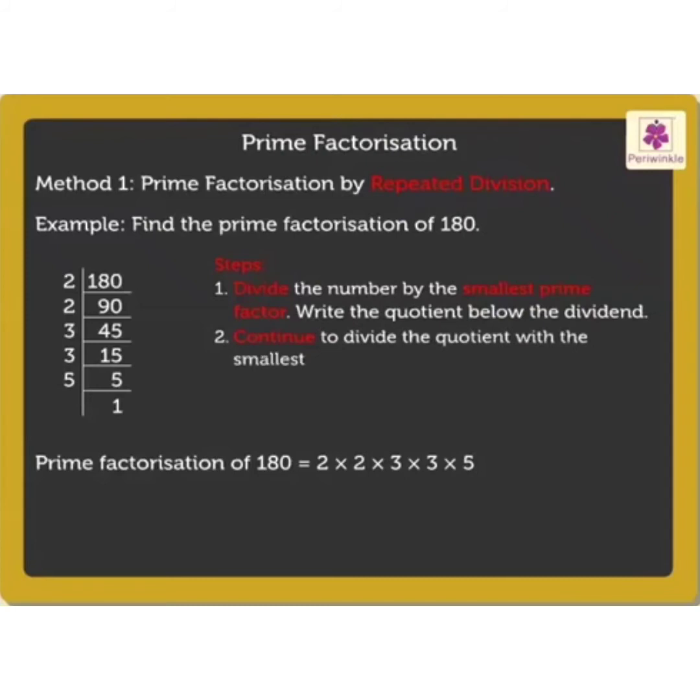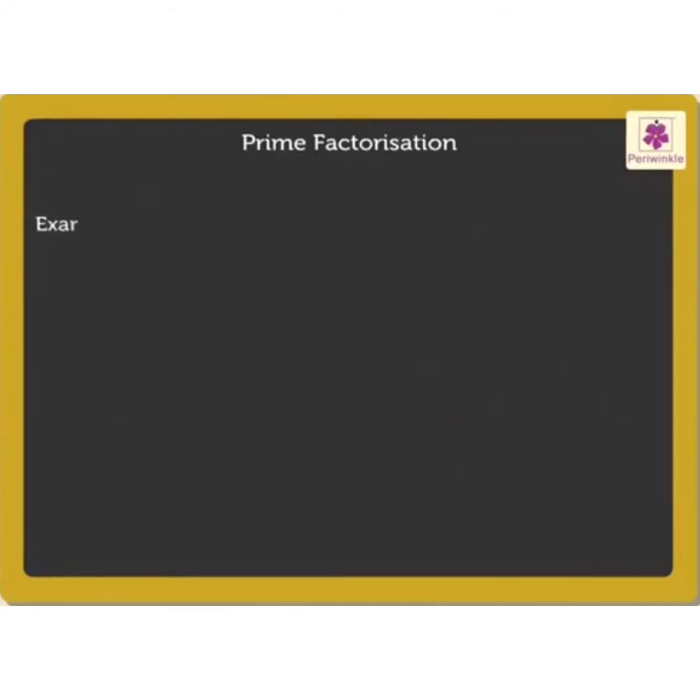Step 2. Continue to divide the quotient with the smallest possible prime number till the quotient is 1. Step 3. Write the number as a product of its prime factors arranged in ascending order.